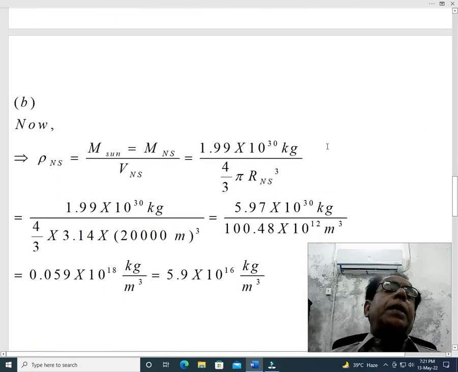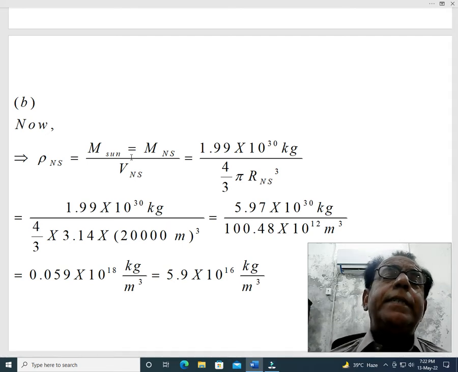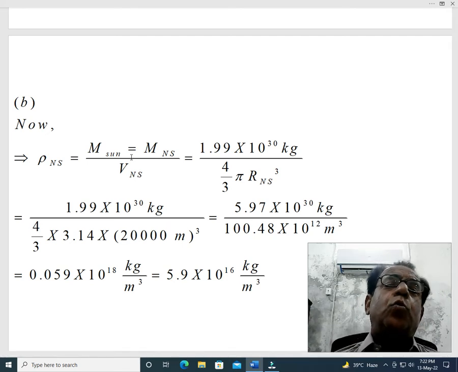Now, dear students, the density of the neutron star is equal to the mass of the sun, which is equal to the mass of the neutron star. This equality is given in the statement that the mass of the neutron star is equal to the mass of the sun.